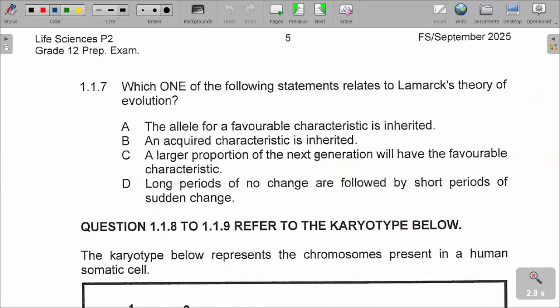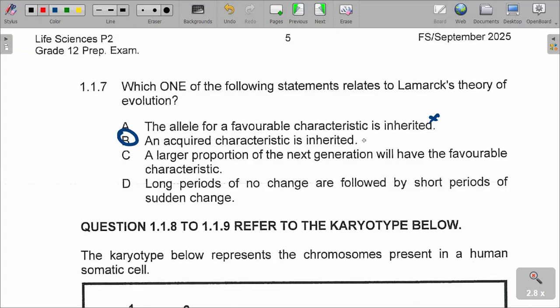Which of the following statements relates to Lamarck's theory of evolution? In Lamarck's theory of evolution, the alleles of favorable characteristics is inherited. We are saying favorable characteristics are inherited. This was also according to Charles Darwin's theory. And then acquired characteristics are inherited is the major principle of Lamarck's theory.